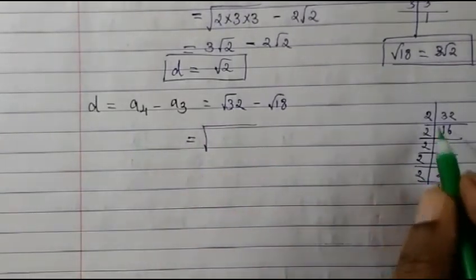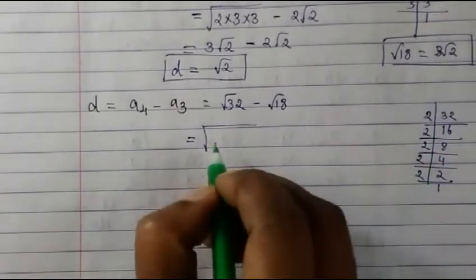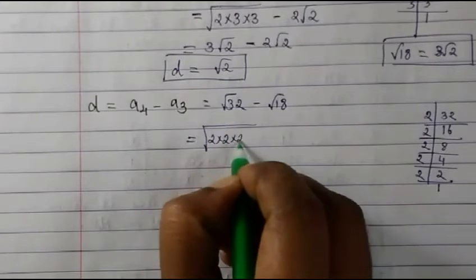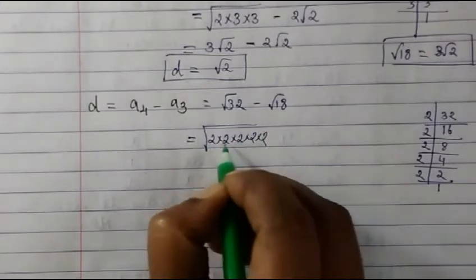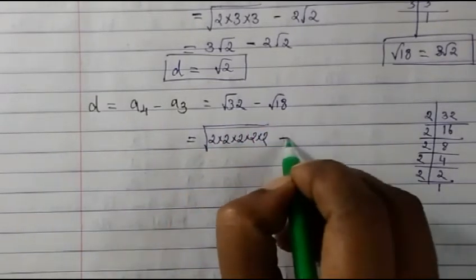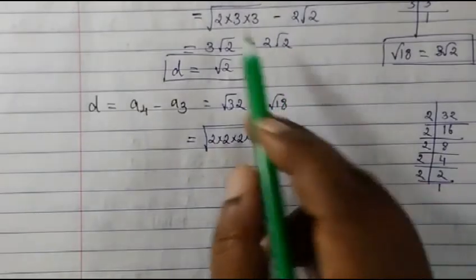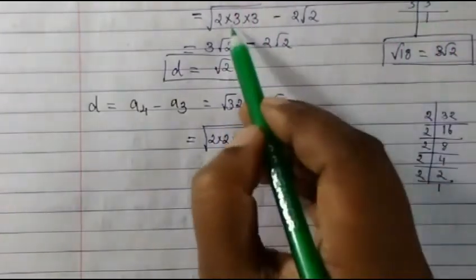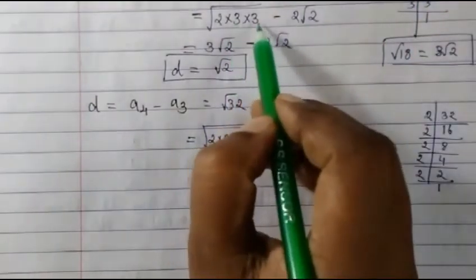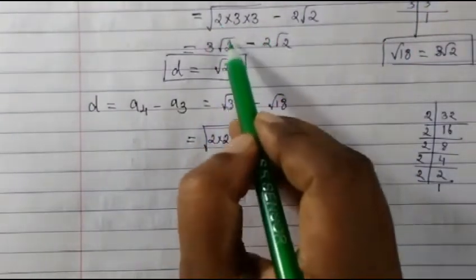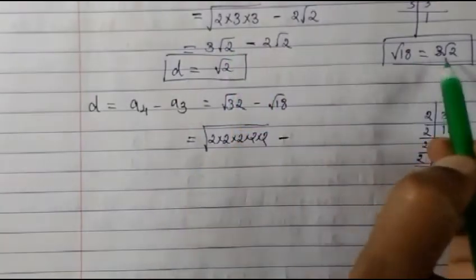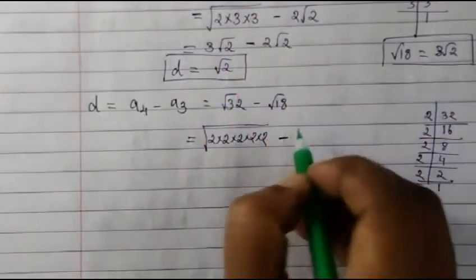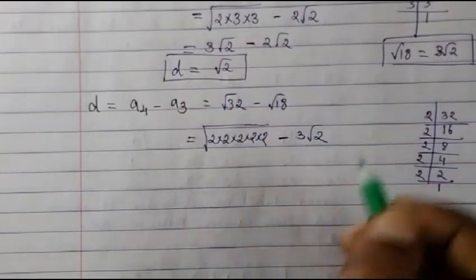So root 32 can be written as 2 five times, 1, 2, 3, 4, 5. Then root 18, how did we write it here? When we factorize, we wrote 2 times 3 times 3, and the 3 comes out, with the root inside. So root 18 can be written as 3 root 2.